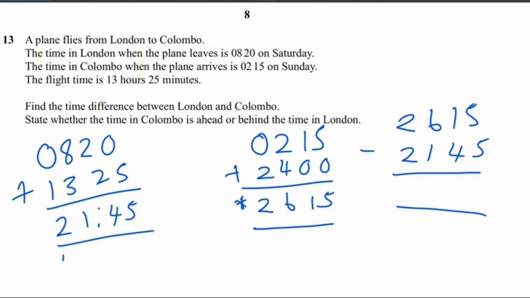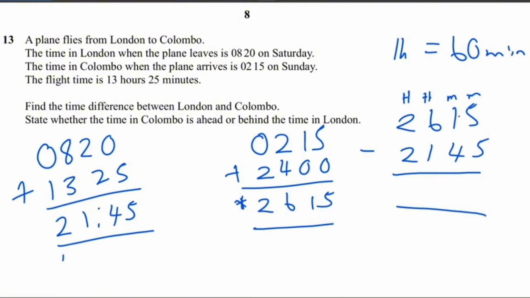Here you know that these are hours, and these are minutes. Since you cannot subtract 45 from 15, because 15 is less than 45, you borrow 1 hour from 26 hours, which is equal to 60 minutes. If you add 60 plus 15, you get 75.